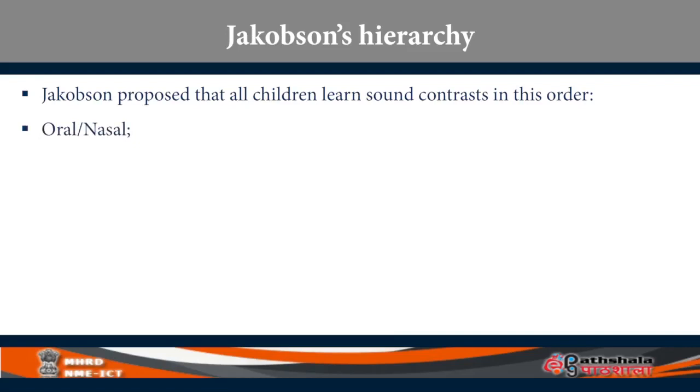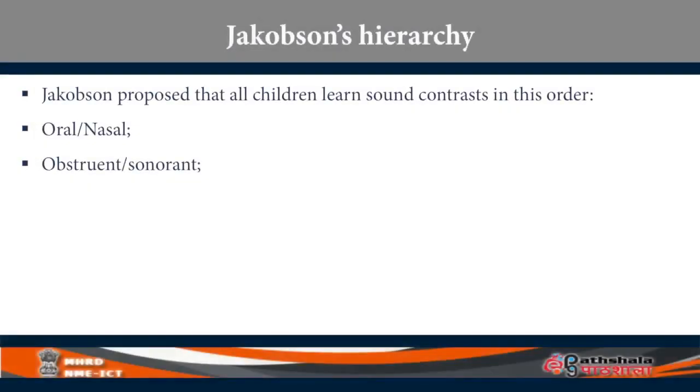That's the first contrast that children all over the world acquire. Once they're able to distinguish how air is coming out through the mouth cavity, those are the oral sounds, and in the case of ma and na and nya, they are nasal sounds, where much of the air is coming through the nasal cavity.